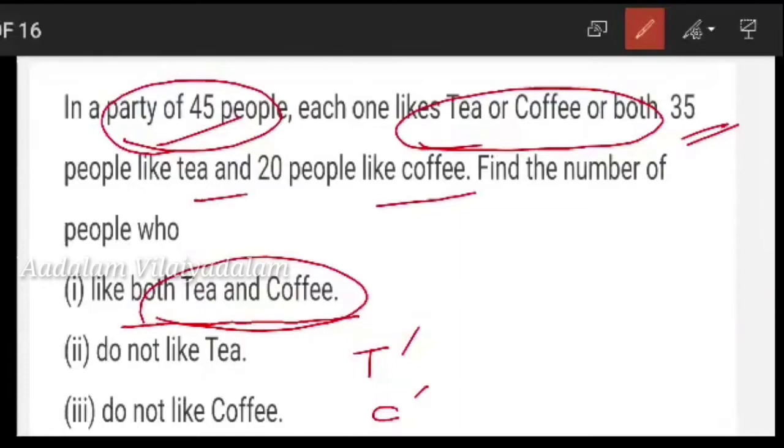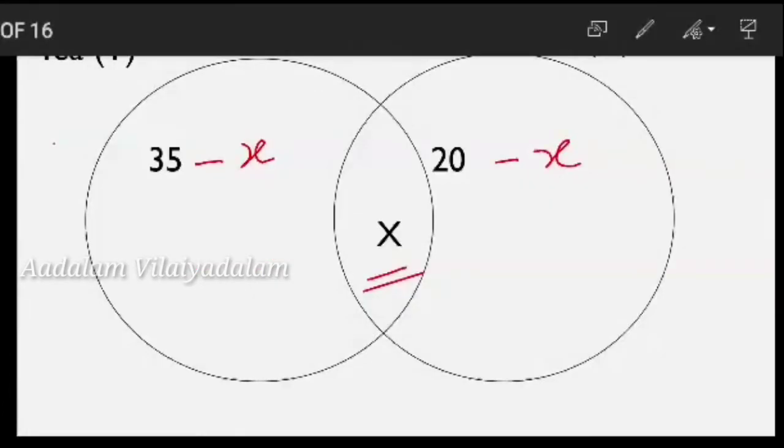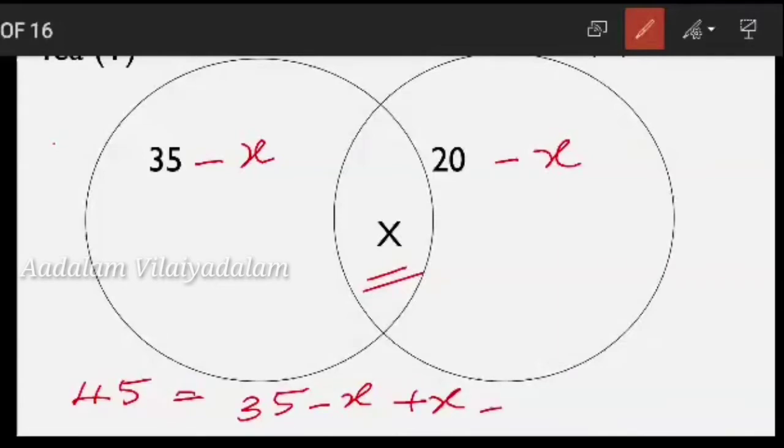Therefore, we can write the total number of people as equal to the people who like only tea, 35 minus X, the people who like both coffee and tea, X, and the people who like only coffee, 20 minus X.